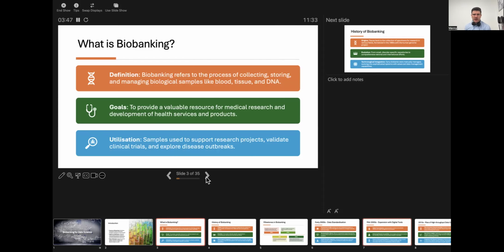So what's biobanking? Really, it's about collecting, storing, managing biological samples, tissues, DNA, with the goal of providing a resource for research.